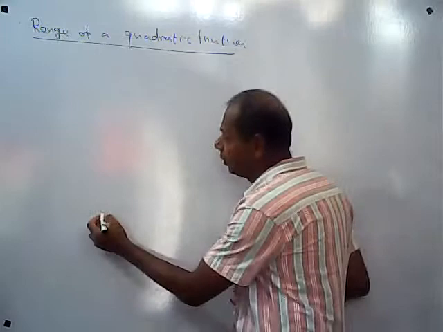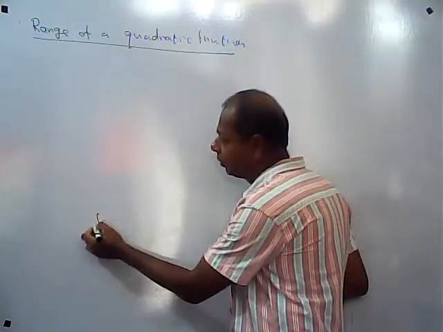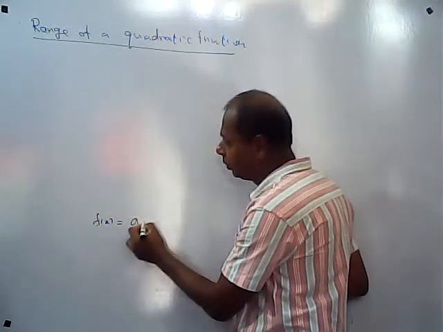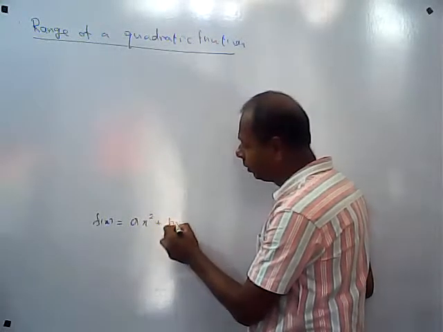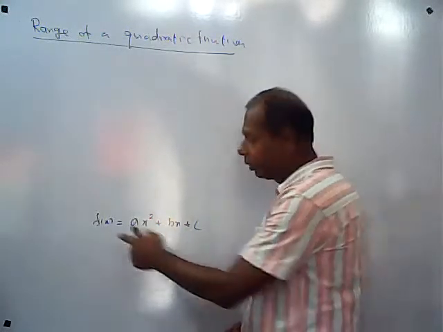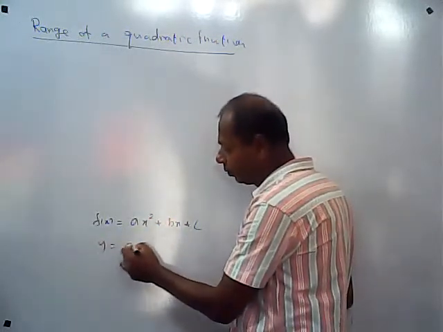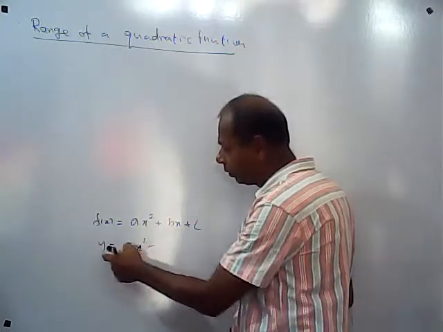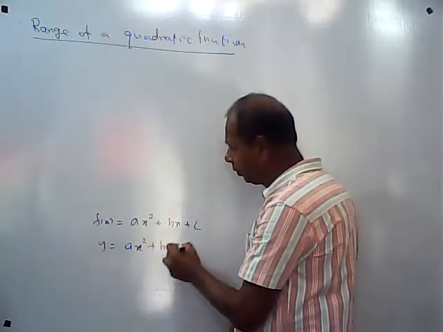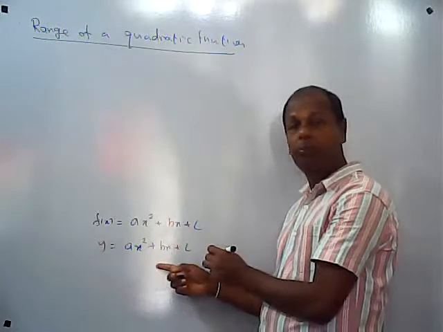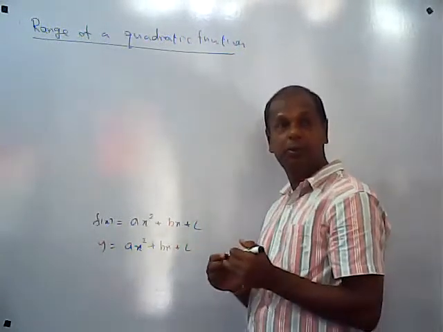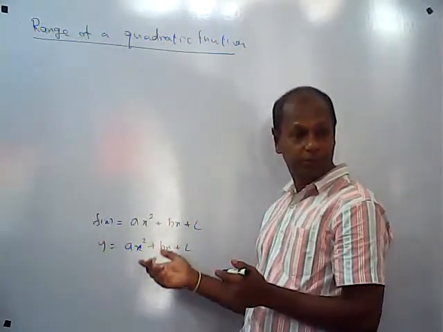A quadratic function is something written in this form: x square plus bx plus c. At the moment, if you draw the graph, you can write y. Before quadratic functions, you come across linear ones.